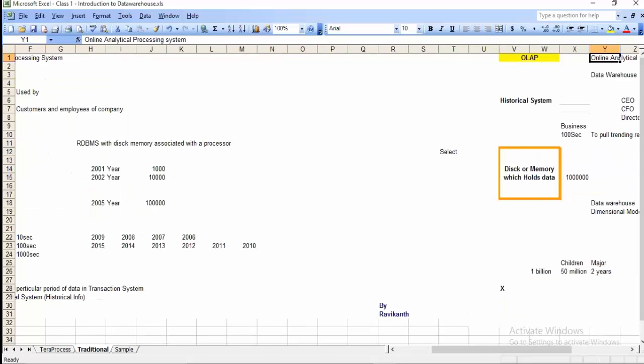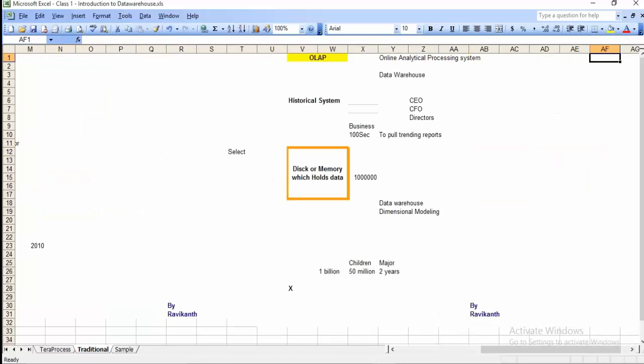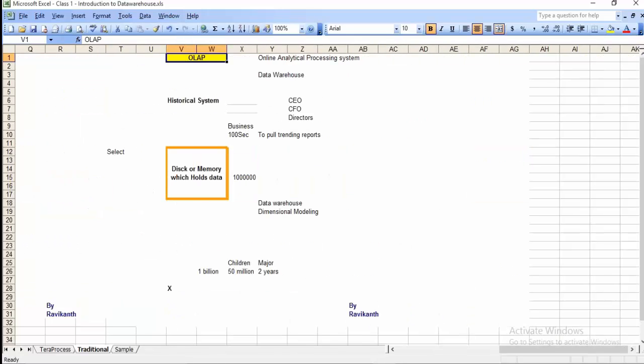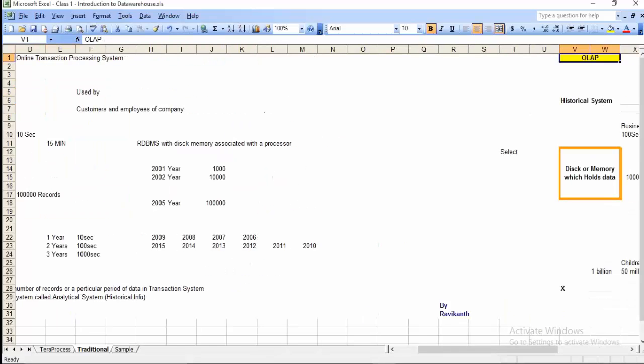The purpose of OLTP is totally different: to modify and maintain the live data, correct? The purpose of OLAP, the data warehouse, is to retrieve and analyze the data, correct?